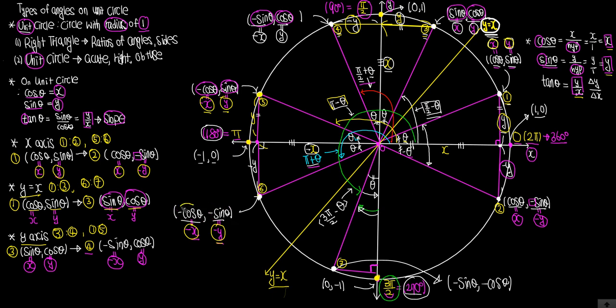So if it was originally negative cosine theta, then it will be switched as the negative sine theta. If it was originally negative sine theta as a y value, then the y value will get switched as the negative cosine theta. However, the negative sine theta will still be the x value, and negative cosine theta will be our y value.